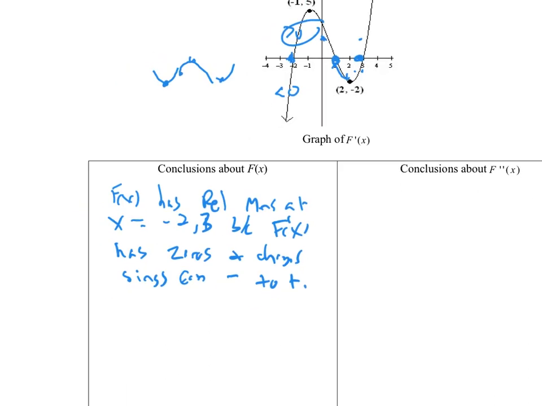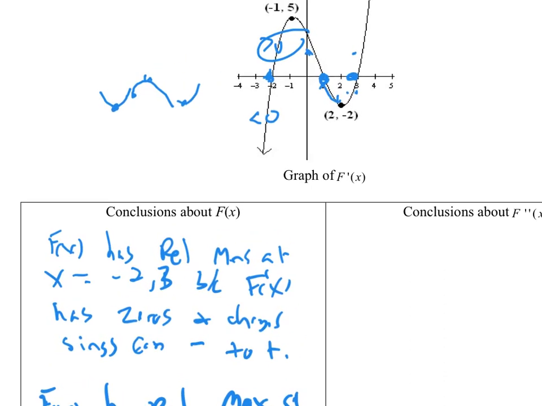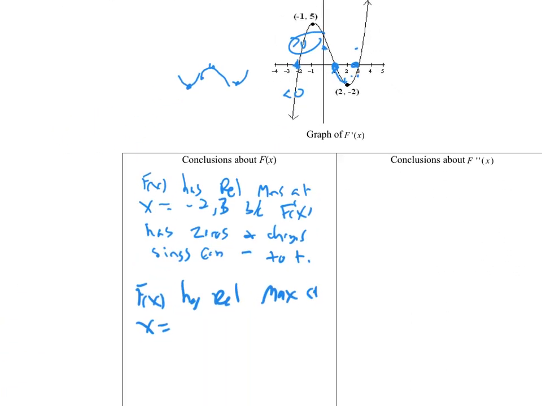I can say f of x has a relative max at x equals 1, because it is a 0 on f prime of x.